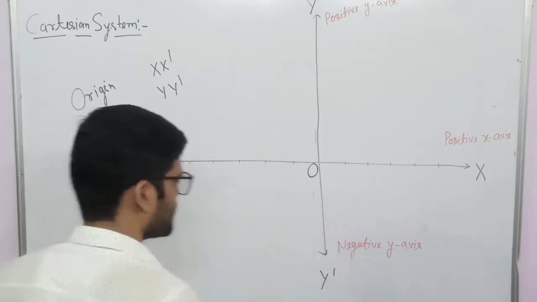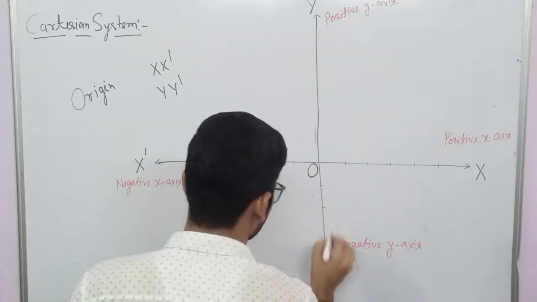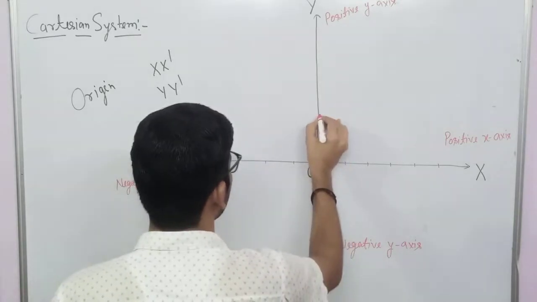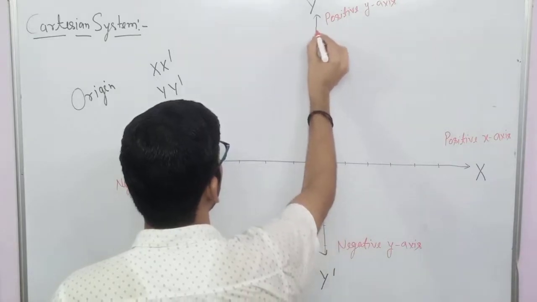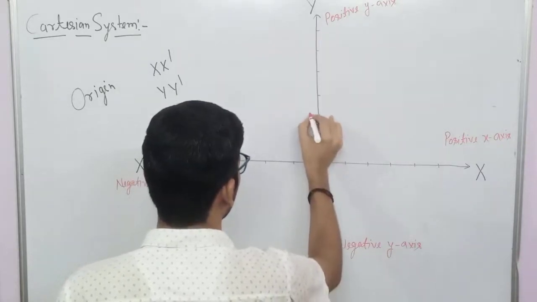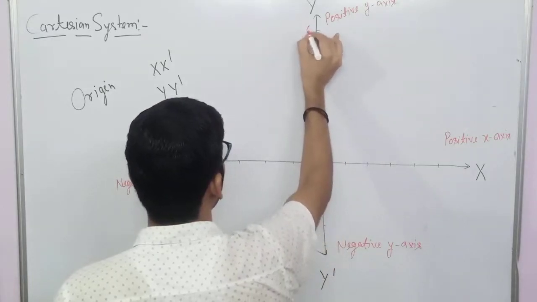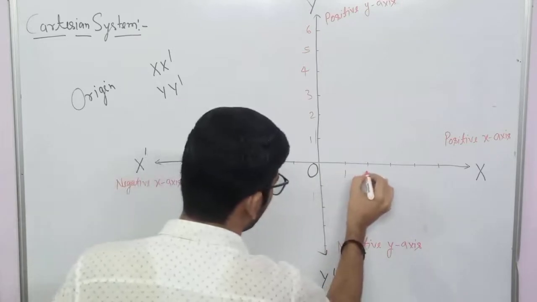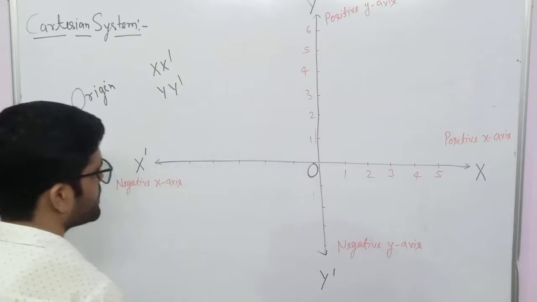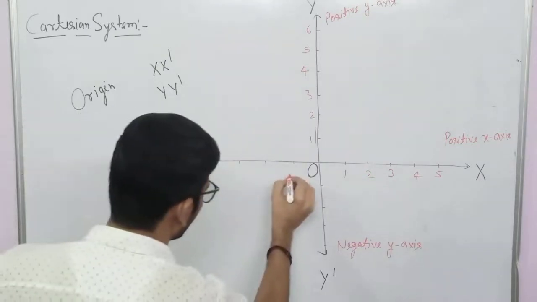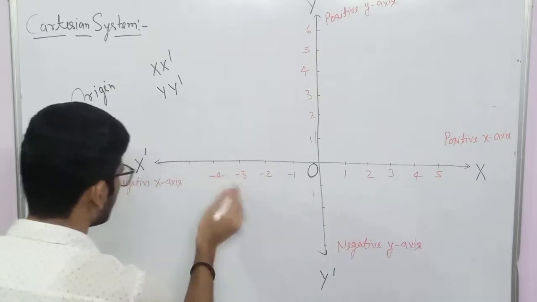Then 1, 2, 3, 4, 5, 6, and 1, 2, 3, 4, 5, and its opposite according to the real line, -1, -2, -3, -4.